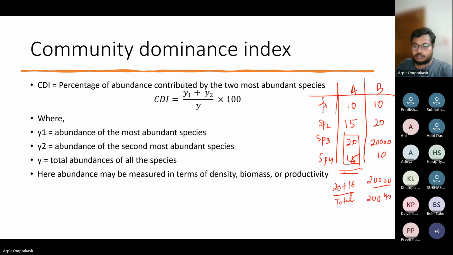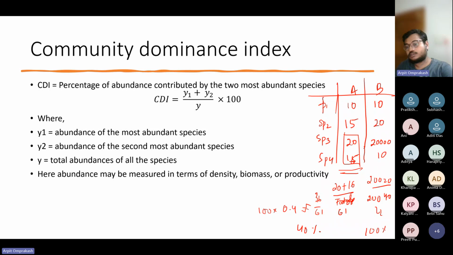So let's calculate: 20 plus 16 is 36, and the total is 61. So we will say 36 by 61. This is close to 0.4, multiplied by 100, so this will be close to 40%, and in the other case, it will be close to 100%.